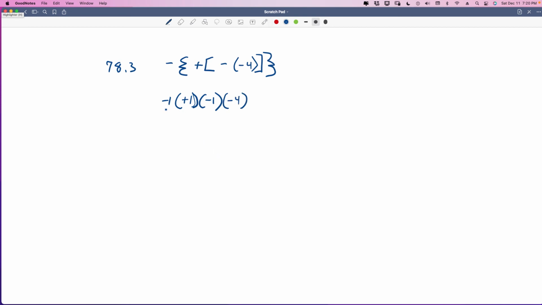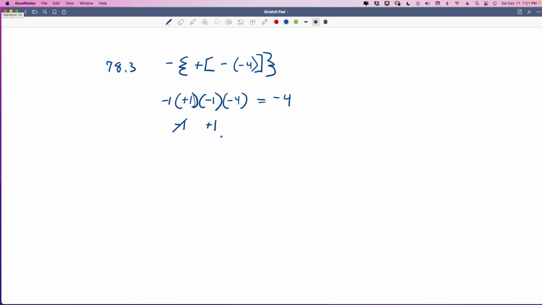So you can look at it and say, I have 1, 2, 3 negatives, which is an odd number, so that's going to be -4. Or you could say -1 times +1 is -1. -1 times -1 is going to be a +1. +1 times -4 is -4.